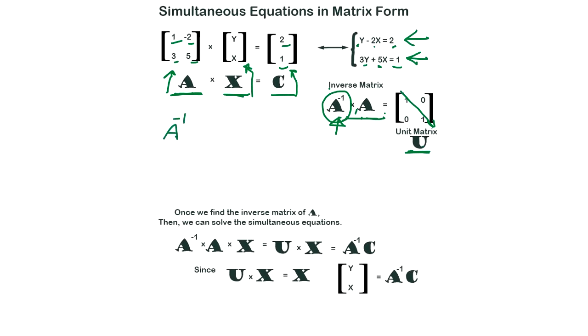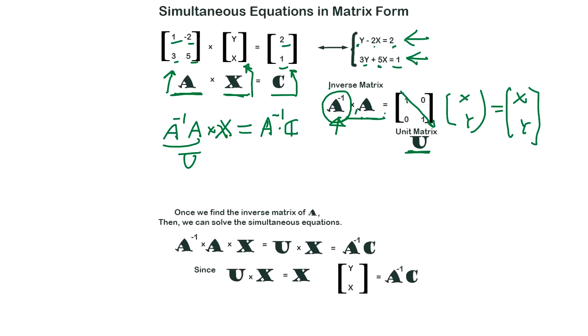And if you find this one, what it does is you multiply that from both sides. Right? Then this becomes a unit matrix. Unit matrix times x y is going to be, again, x and y.